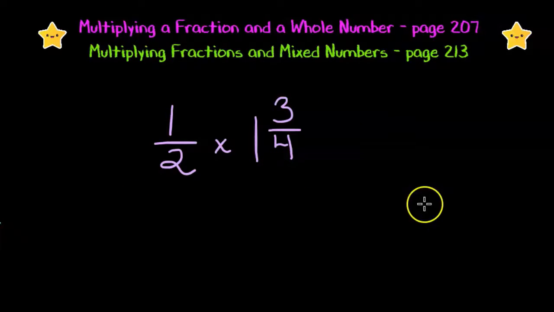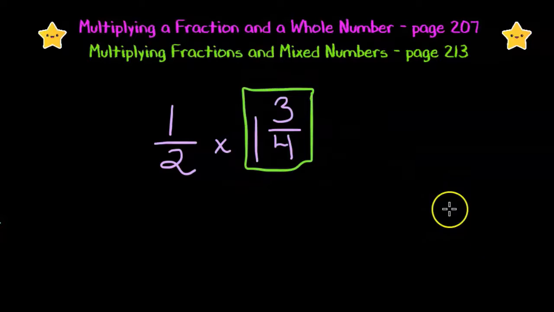Yes, I know you're out there saying, I need to change this mixed number into an improper fraction. Who remembers how to do that? If I'm changing this mixed number into an improper fraction, remember I multiply the denominator times the whole number and add the numerator.